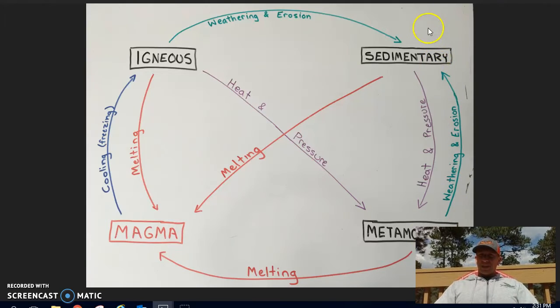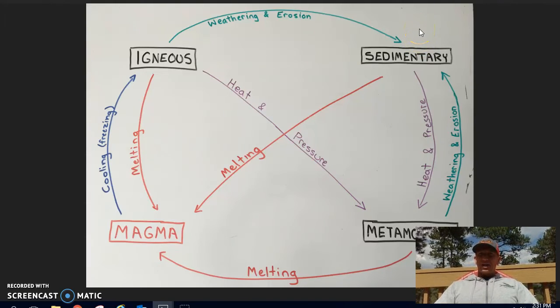And now there's something I'd like you to write up here, which I will go ahead and add because I kind of forgot to add it. If you make a little note up here, there are 2 other processes that you need to create sedimentary rock.